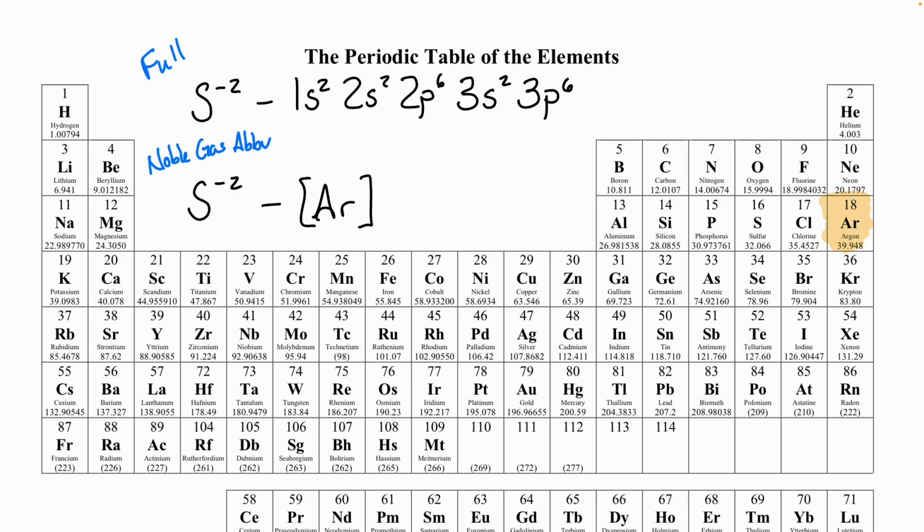All right, so again, elements will either gain or lose electrons in order to get to the electron configuration of the nearest noble gas. That's why our nonmetals gain electrons, but our metals will lose electrons.